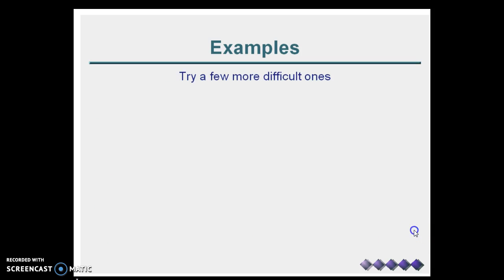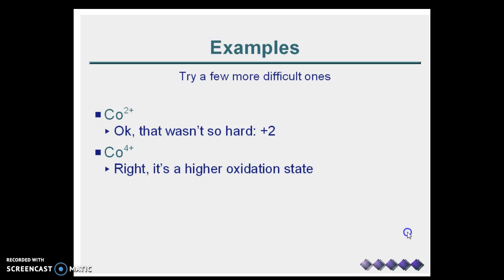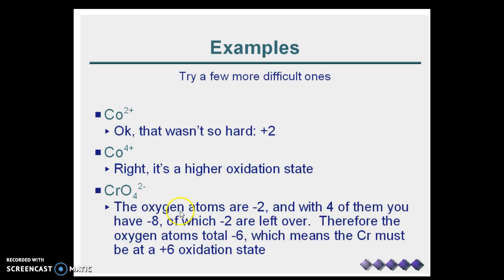Now a few more difficult ones. CO2 plus, yeah, it's +2. CO4 plus, +4. CrO4 2-. What's the chromium? Well, the oxygen atoms are -2. There's 4 of them, so the total is -8.